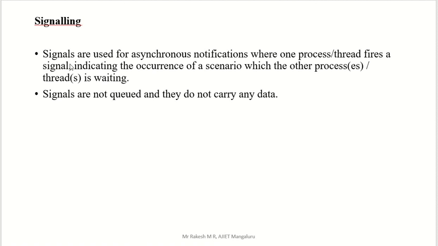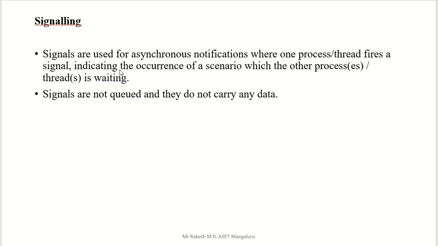Signals: there is a meaning for that, but there is no message. So signals are used for asynchronous notification, not synchronous, just notification, where one process fires a signal indicating the occurrence of a scenario which the other process or thread is waiting for.